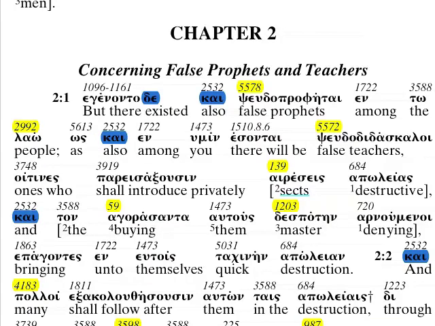A particle is basically a word that is uninflected. You can't break it down like you can nouns and pronouns into first, second, third person, and masculine, feminine, or the cases, and verbs with declensions.